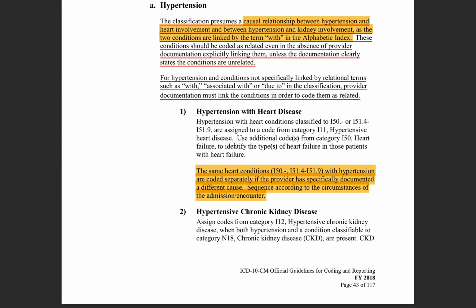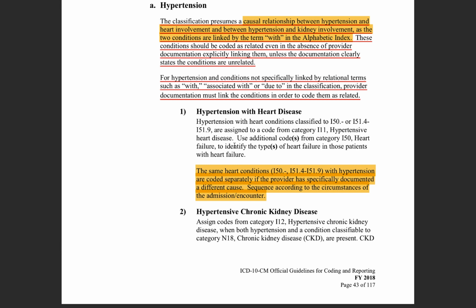Now let's look at hypertensive chronic kidney disease. Chronic kidney disease has the acronym CKD. Assign codes from category I12, hypertensive chronic kidney disease, when both hypertension and a condition classifiable to category N18, chronic kidney disease, are present. So, in other words, you wouldn't code the hypertension and the chronic kidney disease separately.